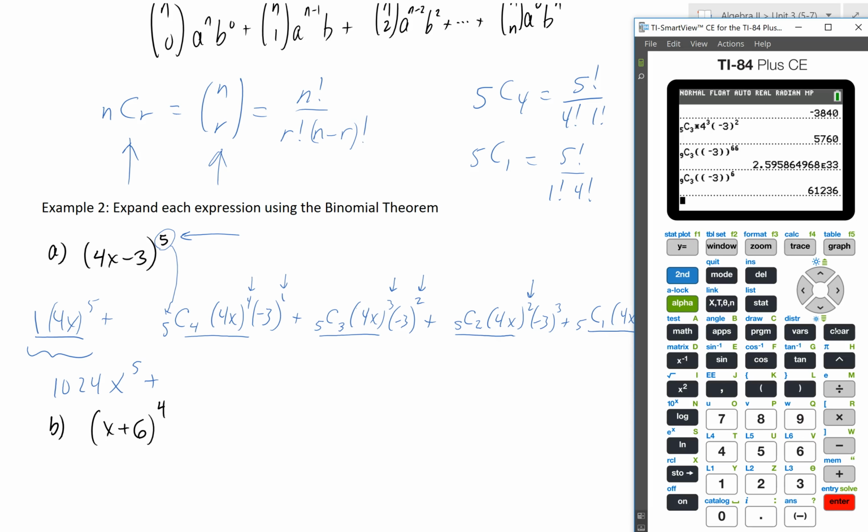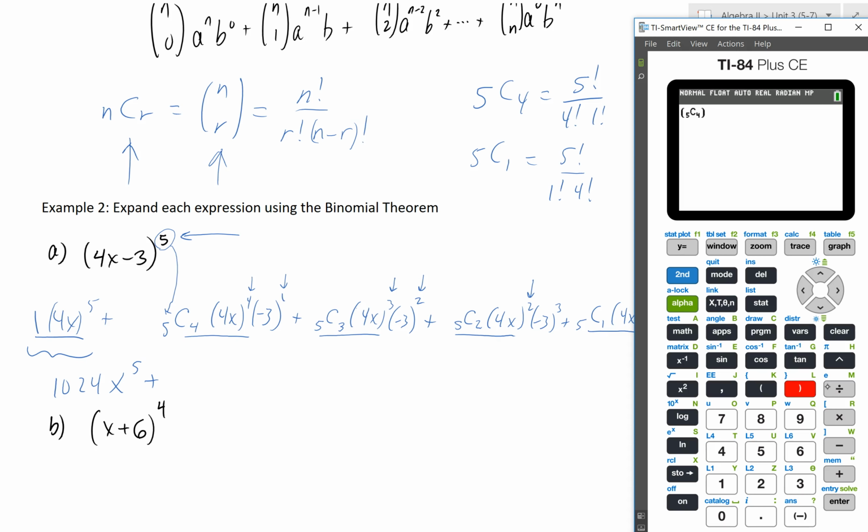You could type that into your calculator like this. You could go 5, math, probability, nCr, so 5 choose 4, which, by the way, would just be 5. You don't have to type that in each time. It would just be 5.